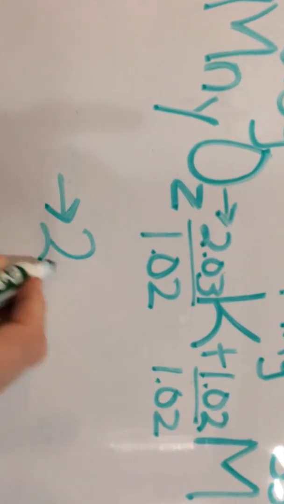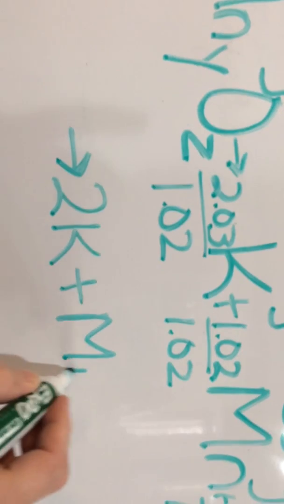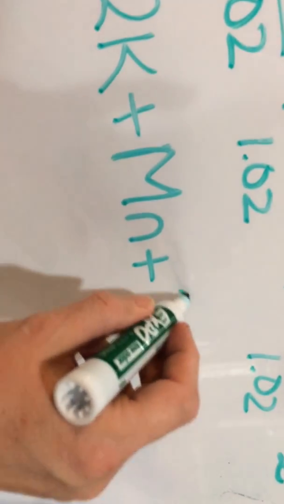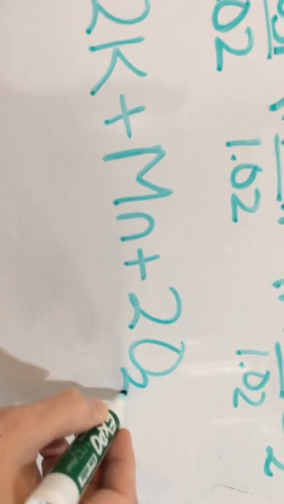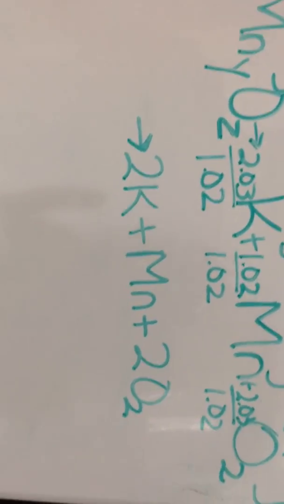So we have 2 potassiums, plus, obviously this will be 1, we just have 1 Mn, plus again we have 2, so we have 2 O2.